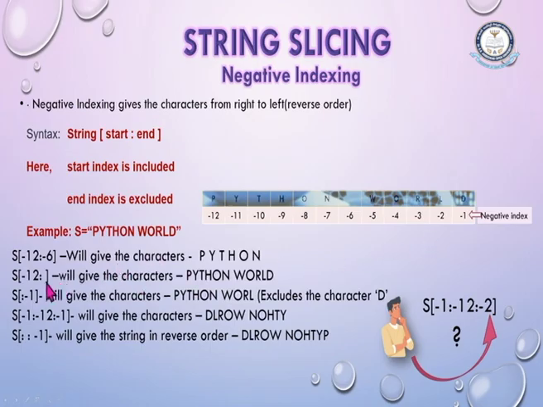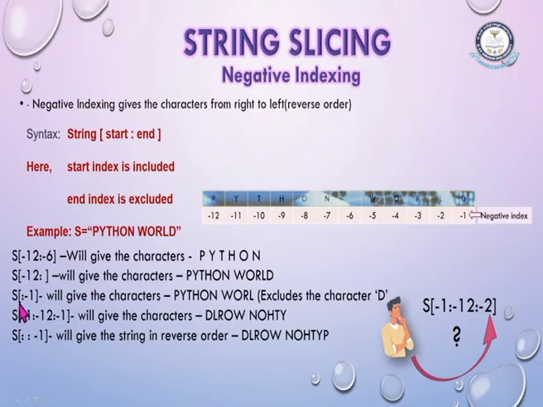In this case also we are fetching the characters from -12 to the last negative index, -1. So you will get all the characters p, y, t, h, o, n, w, o, r, l, d, from -12 to -1. Index 0 is not included, it is excluded. So that is with a negative index.